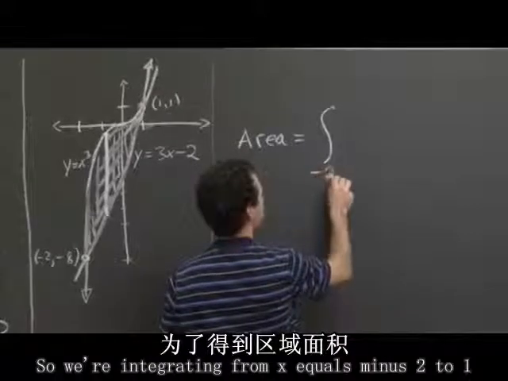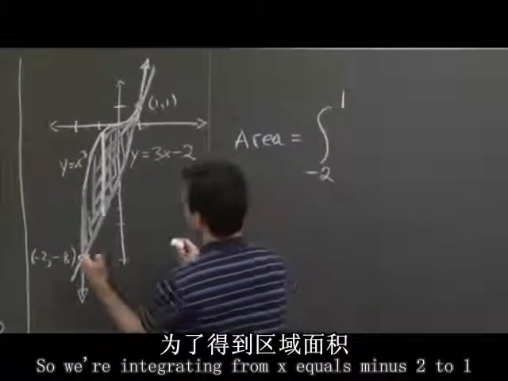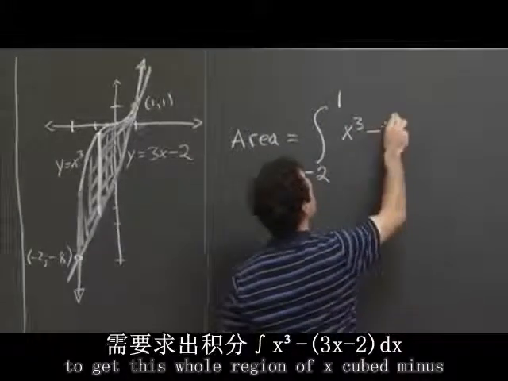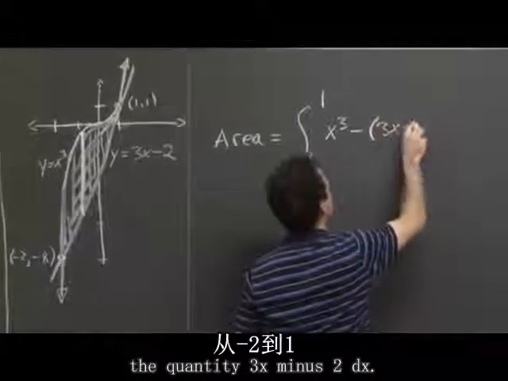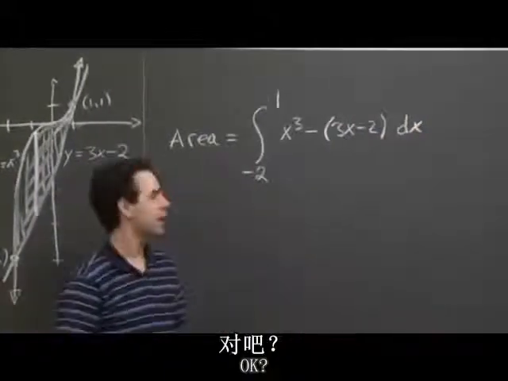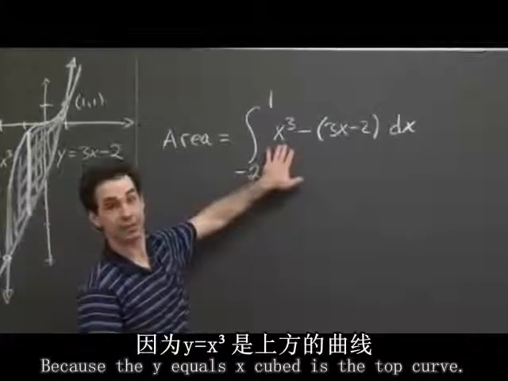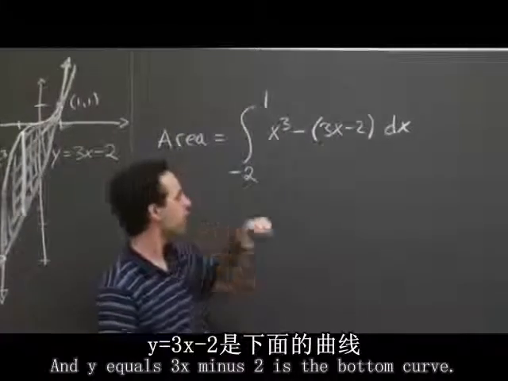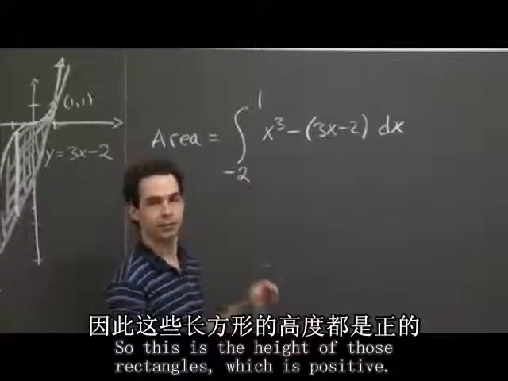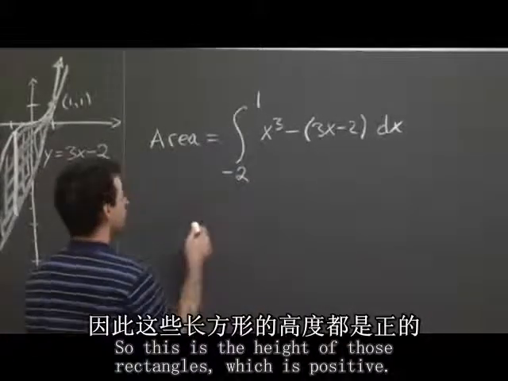We're integrating from x equals minus 2 to 1 to get this whole region, of x cubed minus the quantity 3x minus 2, dx. Because y equals x cubed is the top curve and y equals 3x minus 2 is the bottom curve, this is the height of those rectangles, which is positive.